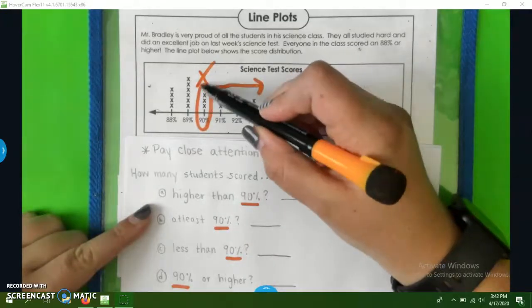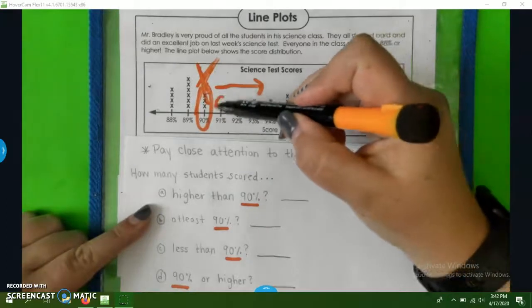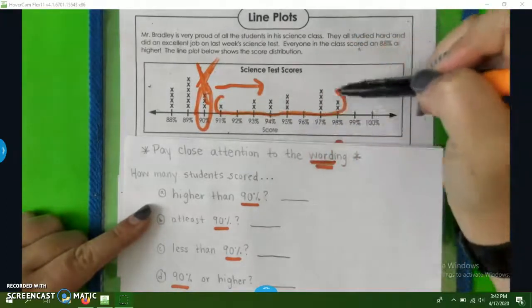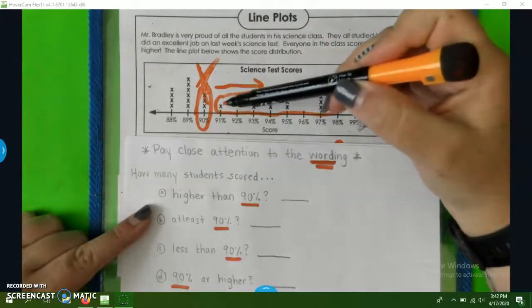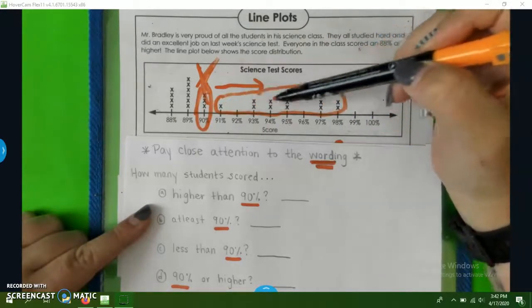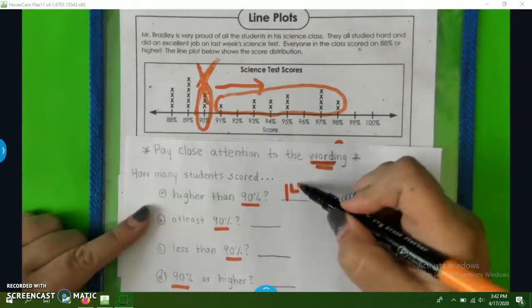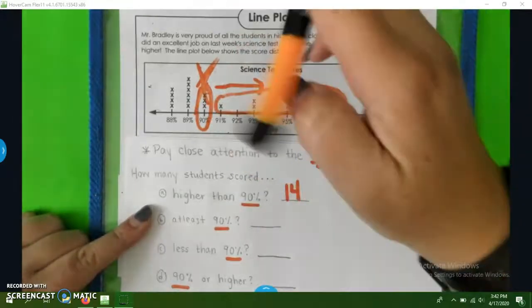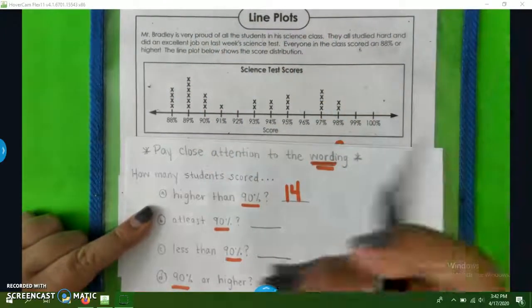So we don't count these kids in this situation. So all we're going to count are the kids who got a score higher than 90, not exactly 90. So we would just be counting these guys. So that would only give us 14 kids. We did not count the people who got a 90, because 90 is exactly 90, not higher than.